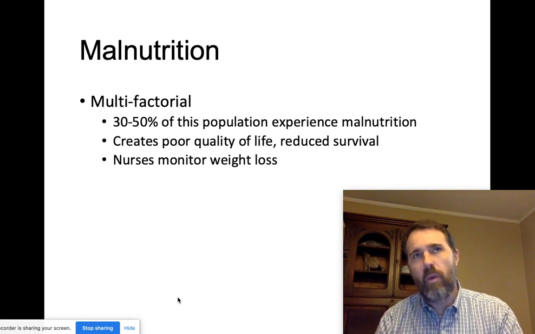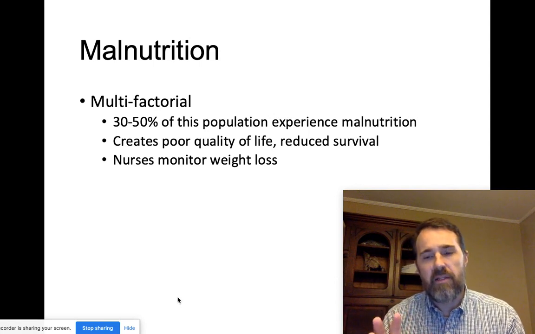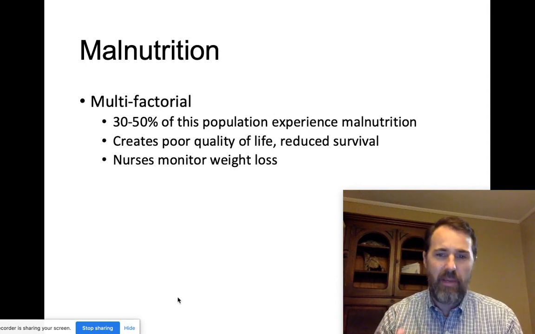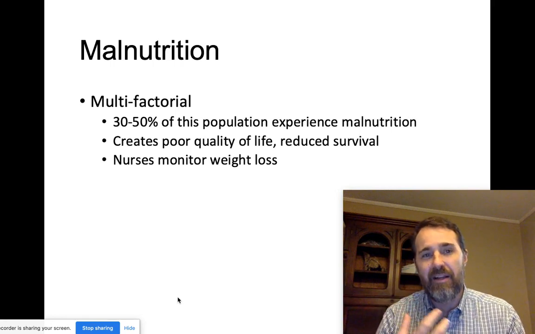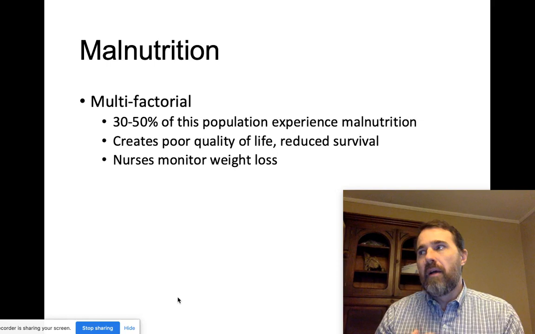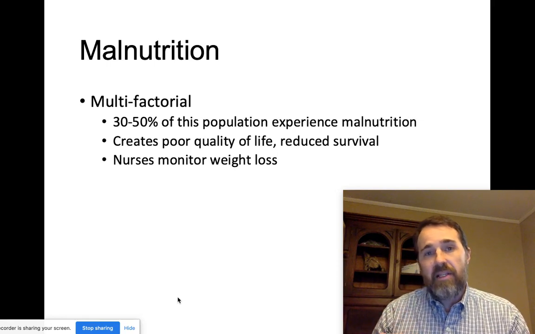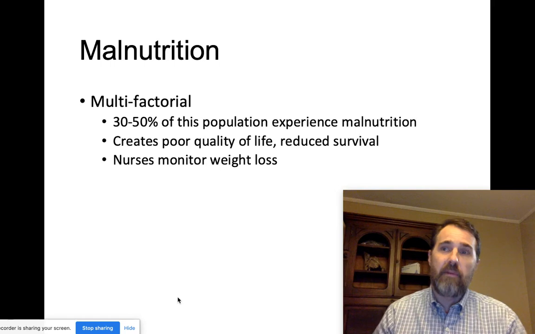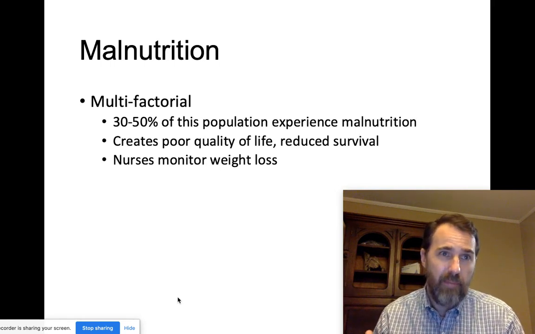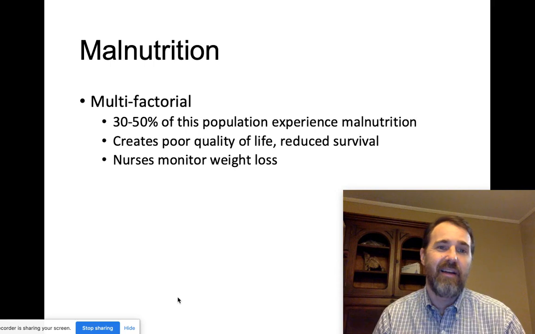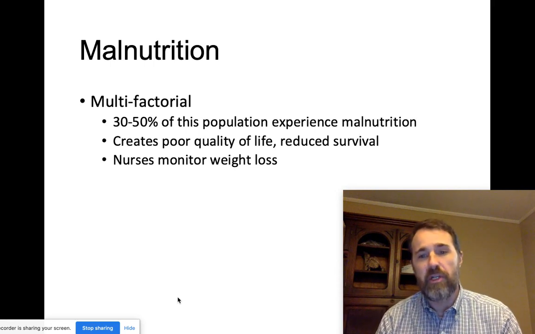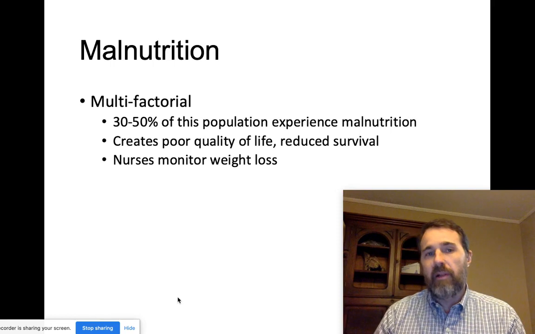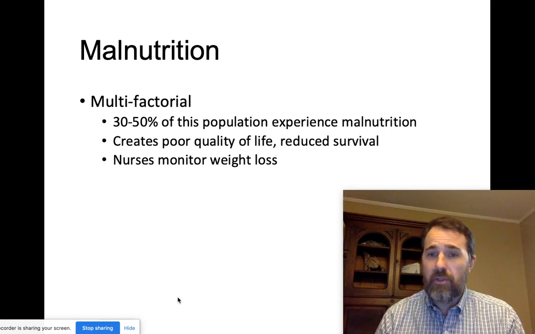So you have to be aware of the possibility of malnutrition, of the patient not being able to take enough food. We do our best as SLPs in charge of swallowing to work against that, to facilitate the patient being able to receive enough nutrition. But ultimately, we're not the ones monitoring nutrition.